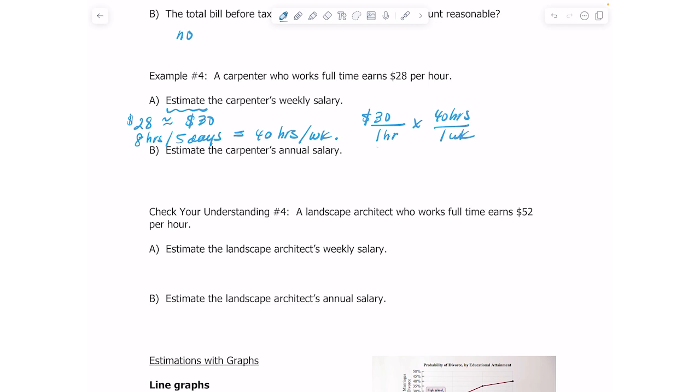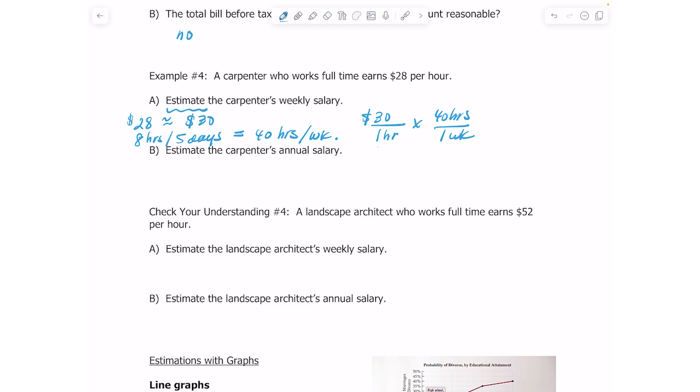And you're going to see this skill later in the unit. We're going to look at dimensional analysis. And it's a certain way that we can work with different dimensions to end up with the dimension that we want. So here, since we're looking for a salary, we know we want to end up with money, right? In this case, dollars.